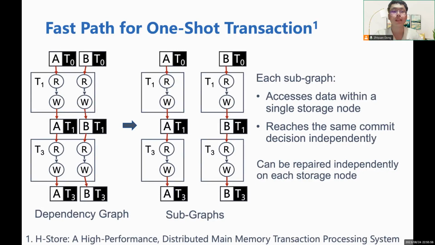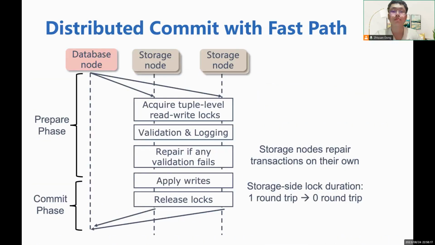In our setting, a one-shot transaction's dependency graph can be statically decomposed into multiple subgraphs. Each subgraph accesses data within a single storage node and reaches the same commit decision independently. Therefore, different parts of a one-shot transaction can be repaired independently on each storage node.